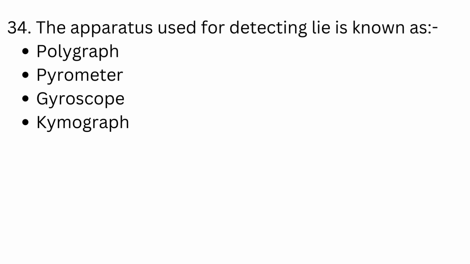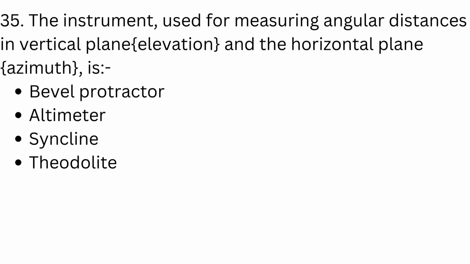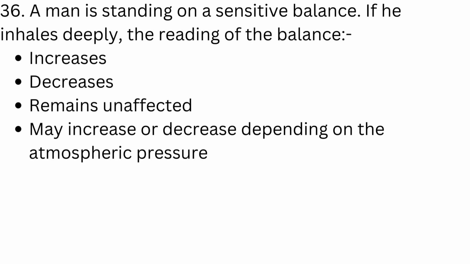And the right answer is polygraph. Moving to next question, the instrument used for measuring angular distances in vertical plane and the horizontal plane is, options are bevel protractor, altimeter, syncline, theodolite. And the right answer is theodolite.